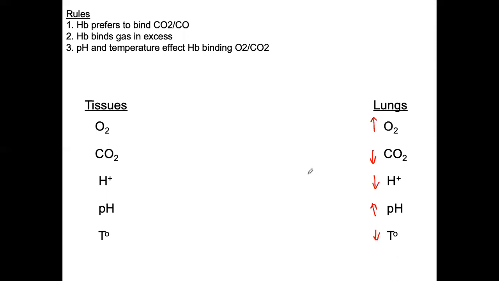Okay, so if I'm a red blood cell, in between here is going to be the plasma, right? So here's a red blood cell that comes from the tissues. It has low oxygen and high CO2.